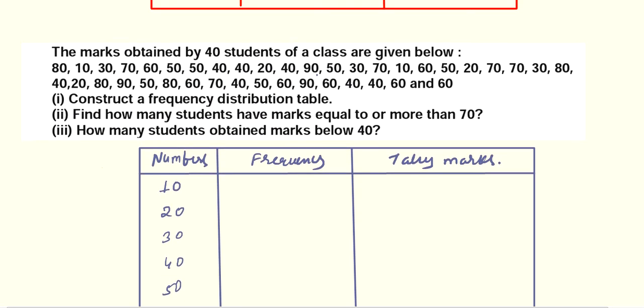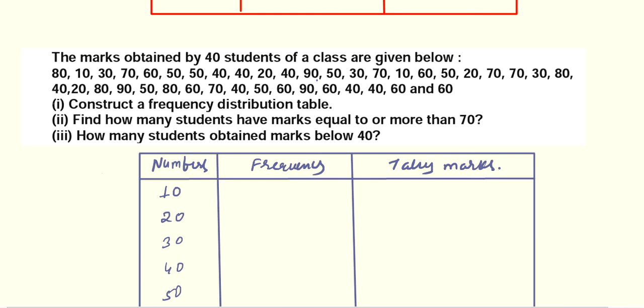Now construct a frequency distribution table. That we are constructing now. Number 10, as you can see, we are having only 2 times, so the frequency is 2, tally marks 1, 2.